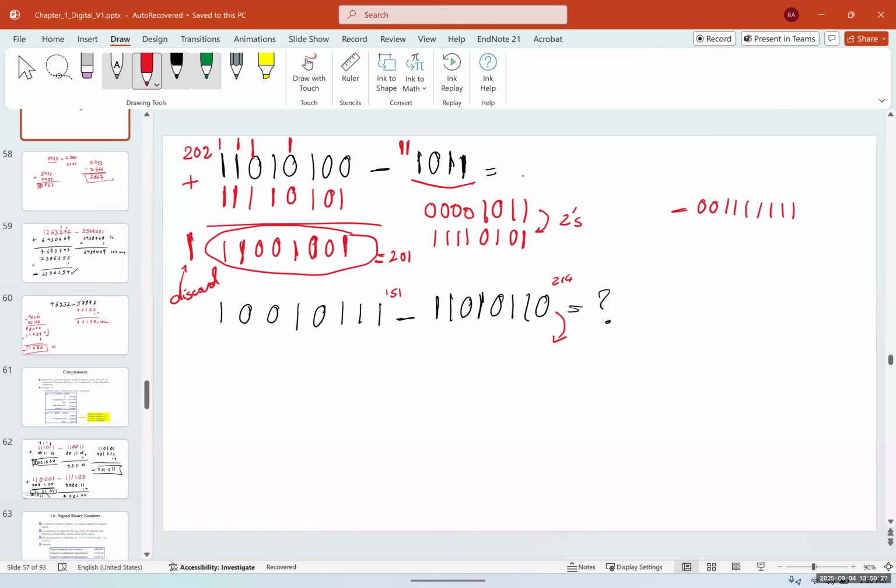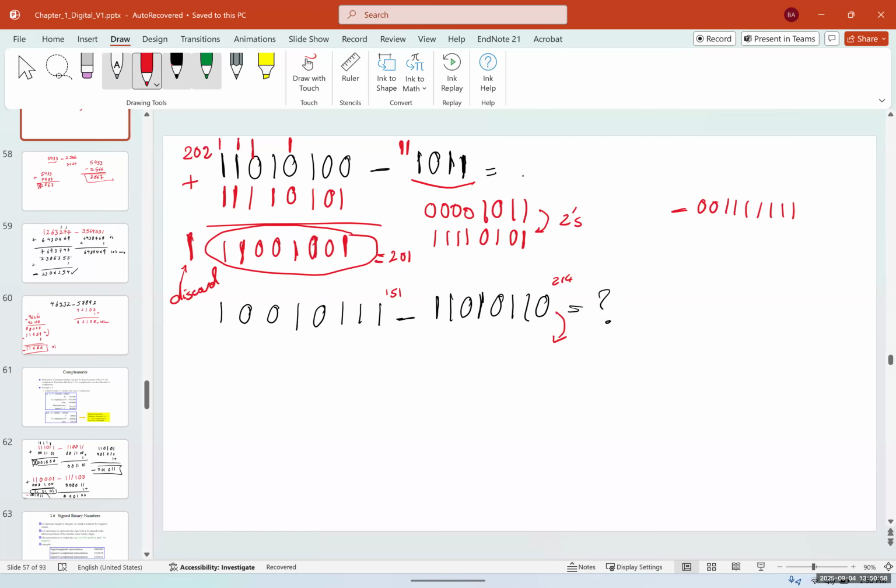Okay, that's correct, I think, because it should be 63. And 6 ones gives us 63. If I had a 1 and 6 zeros, it would be 64. So this is 63.